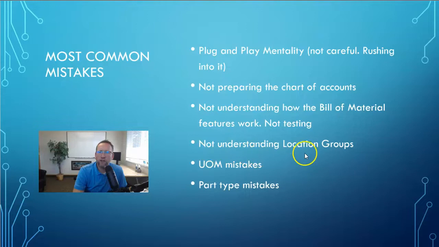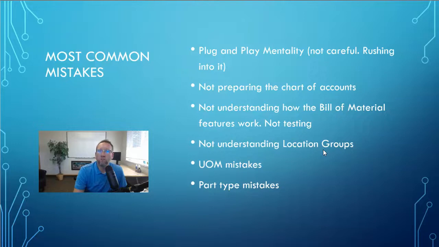Not understanding location groups. Now, a lot of companies can get away with this at first, but this comes back to bite them later as they grow and they add more location groups to the system. The biggest misunderstanding of a location group is it's an area or a zone, but it's not an area, it's not a zone.